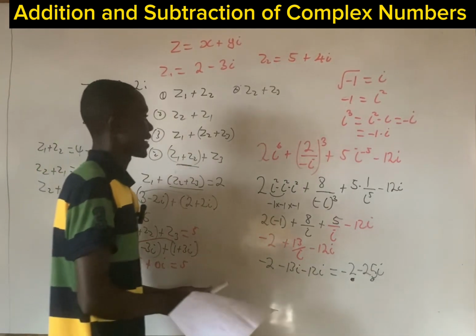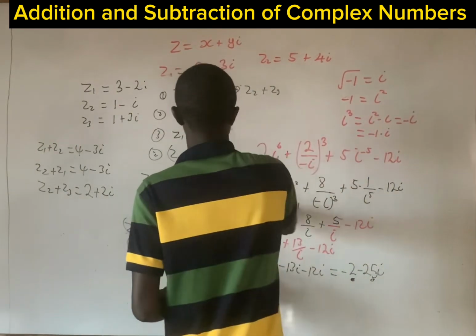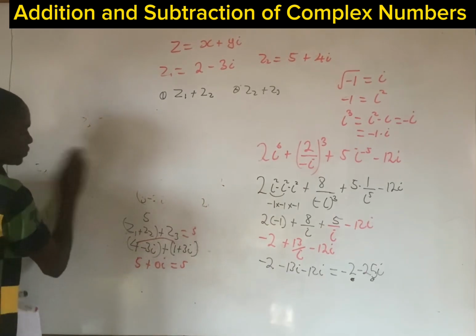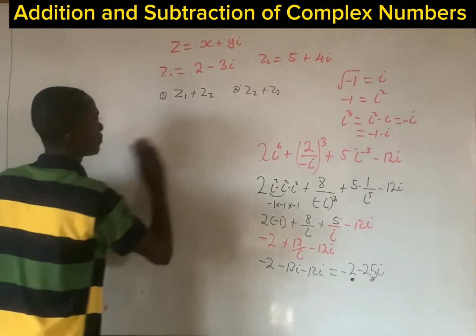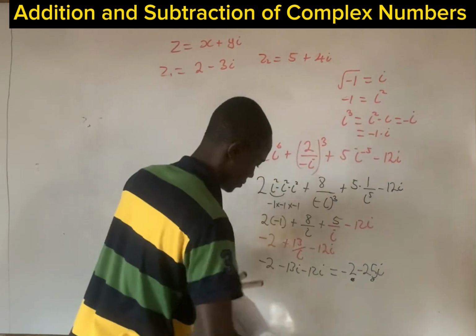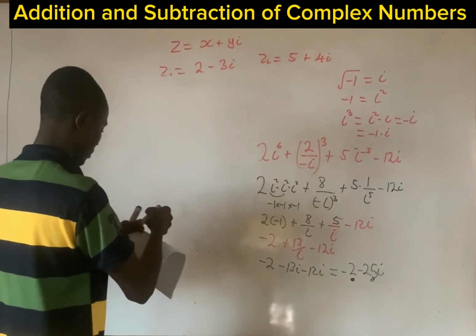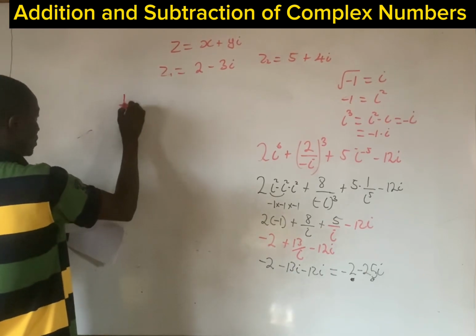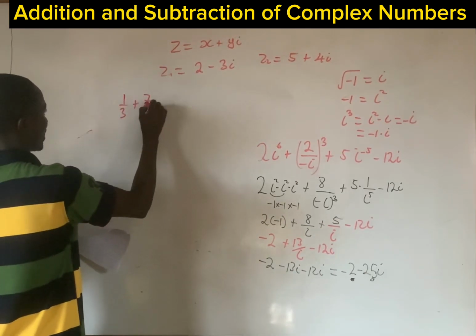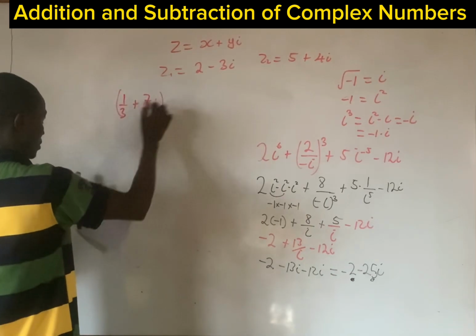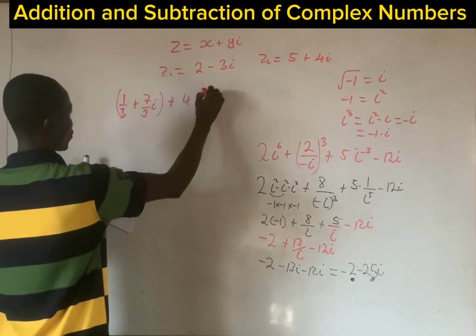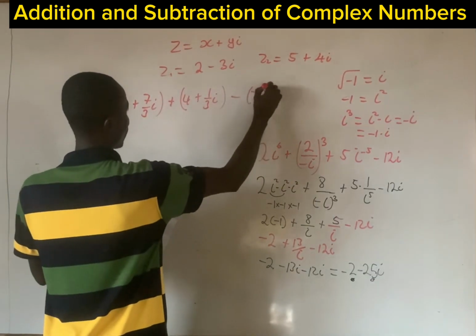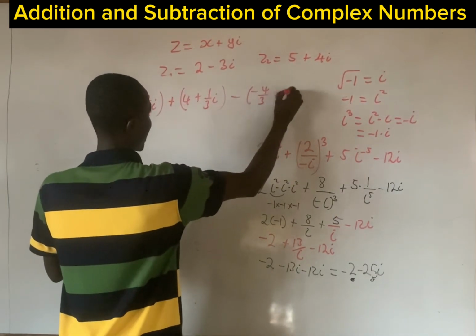Now, let us explore more ideas. If I have 1 on 3 plus 7 on 3i, plus 4 plus 1 on 3i, minus 4 on 3 plus i.